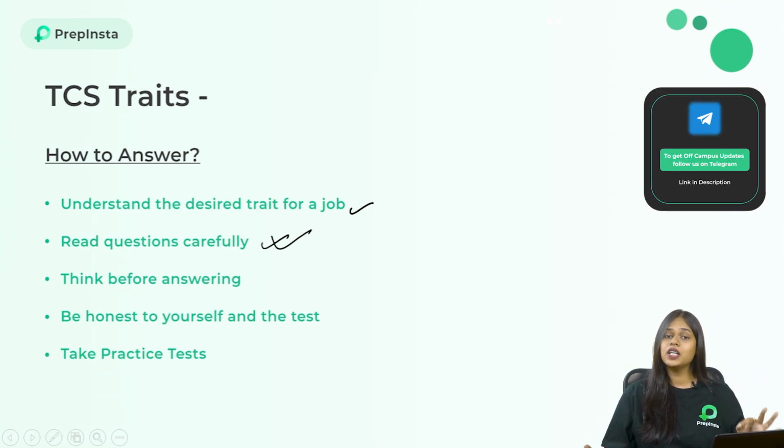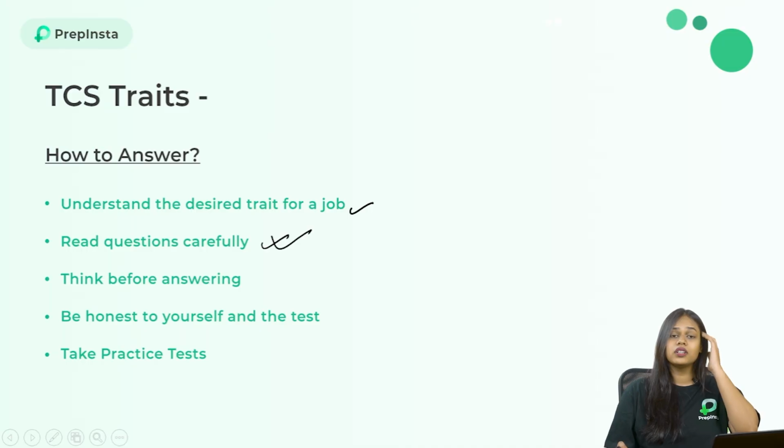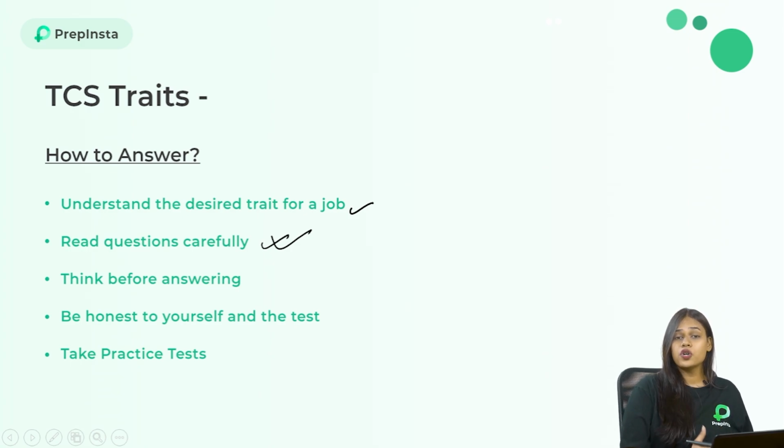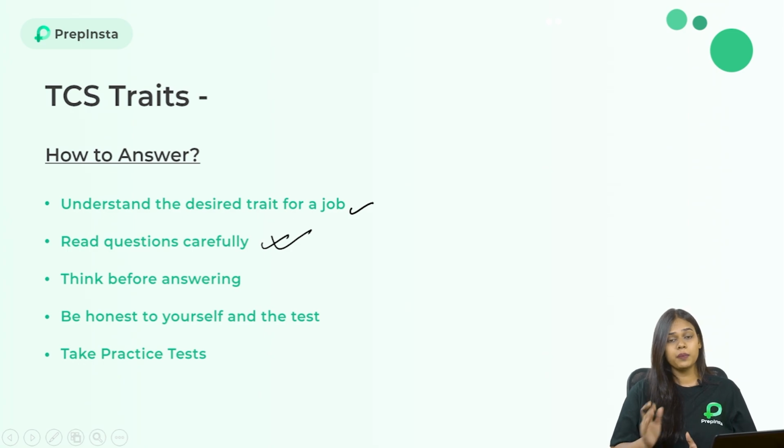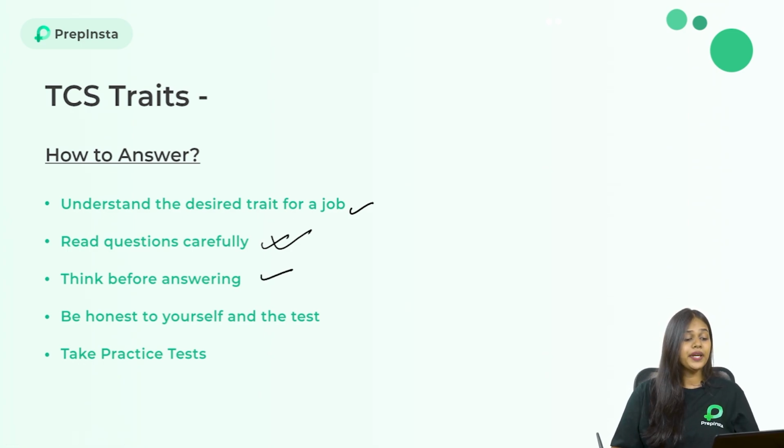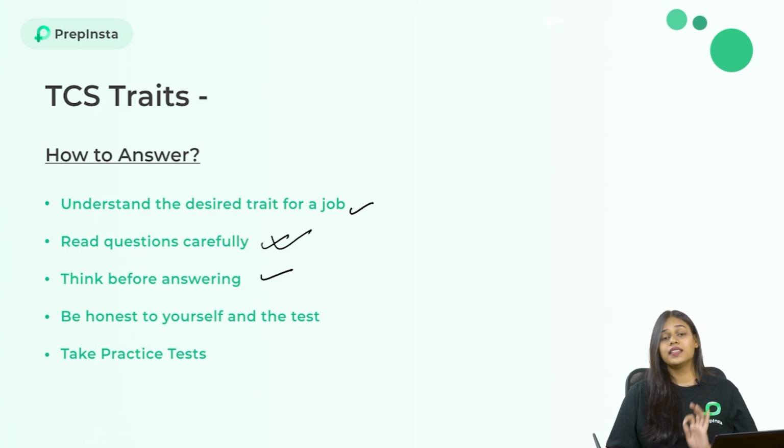Don't do that. Think before answering. Think if the answer you are providing is appropriate for the role or not. Think what the mentors will be thinking when they are evaluating your answers. Be honest to yourself and the test. This is the most important. You cannot cheat the test.